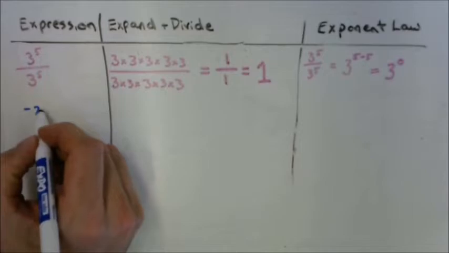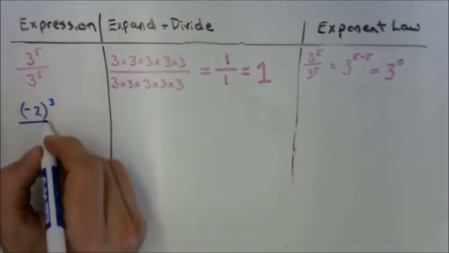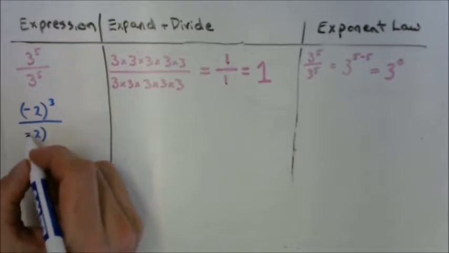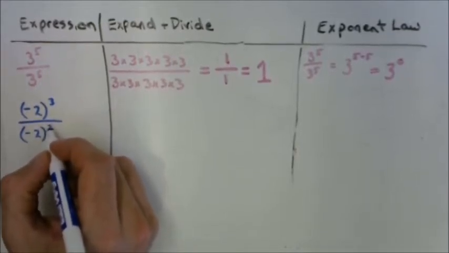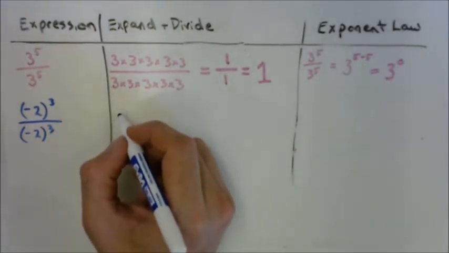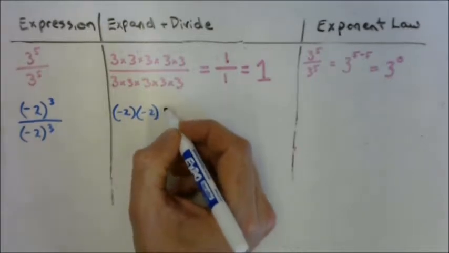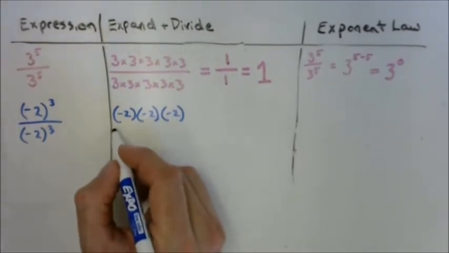Let's take the base negative 2, and we'll raise it to the power of 3. And we're going to divide by negative 2 to the power of 3. In the numerator, we get negative 2 times negative 2 times negative 2.